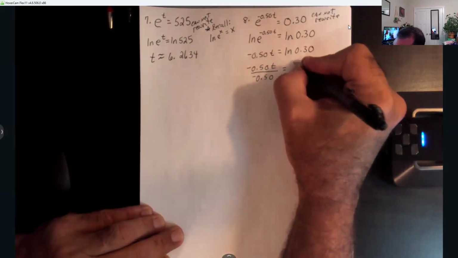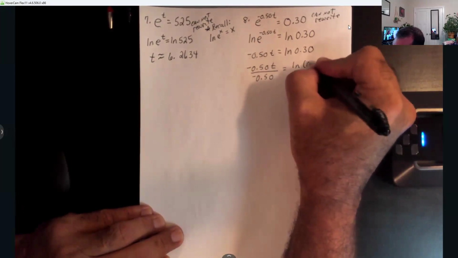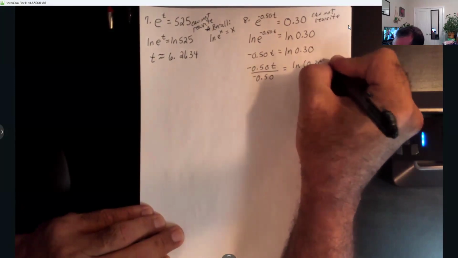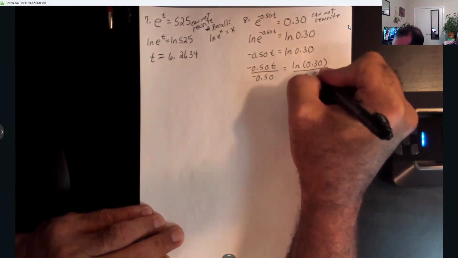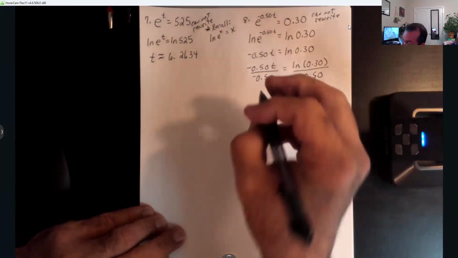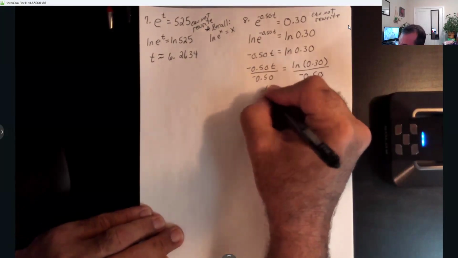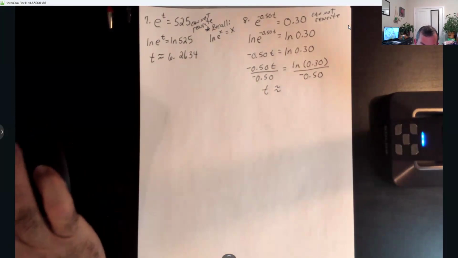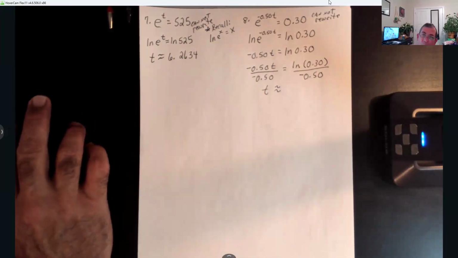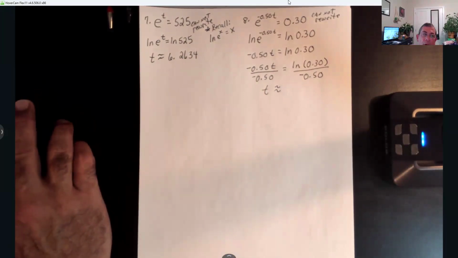So that's going to equal our ln of 0.30 divided by the negative 0.50. So that's going to cancel, giving me my t. And then we'll approximate this one again. On that one, I'll do it on the calculator.